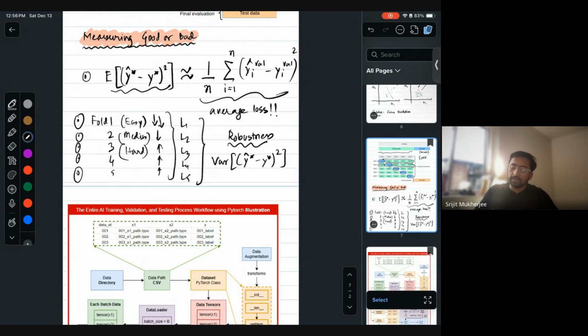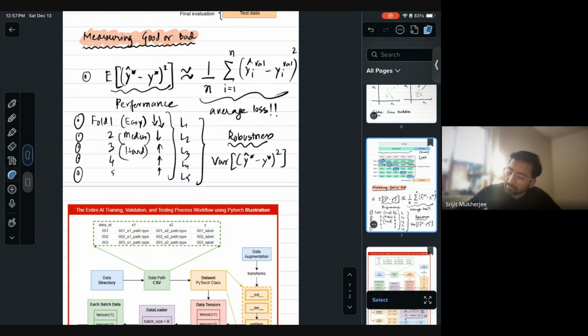This is the performance, how well it is performing in terms of loss. But the variance of performance tells you whether it is only happening for good cases, so how robust it is.